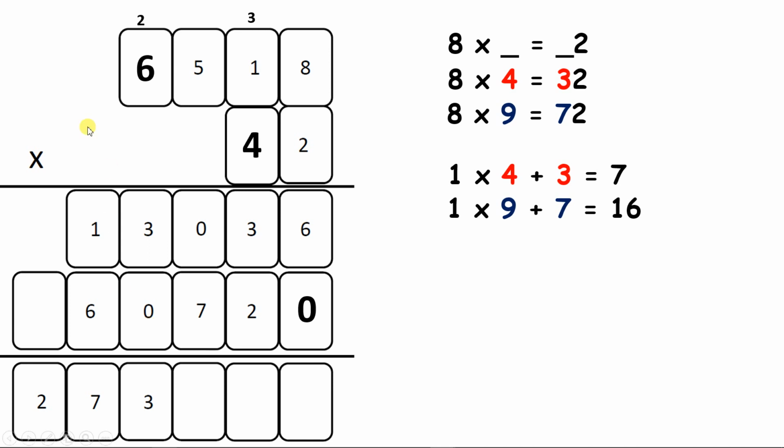And now 6 times 4 is 24, plus 2 is 26. And as we already have the 6 from 26 in our answer line, we just need to write the 2. Now we can cross out any carrying again and add our answers together to give us our final answer.